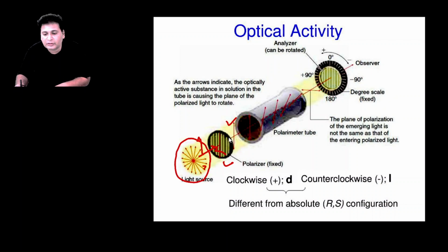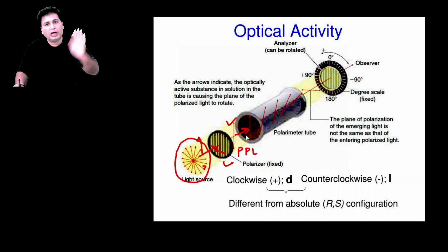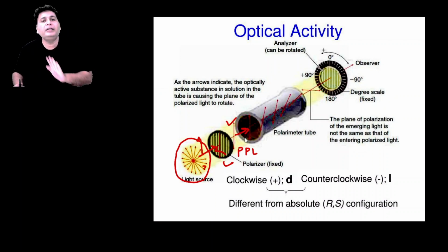Now this plane polarized light, PPL, is passed through a tube, and this tube is called a polarimeter tube.